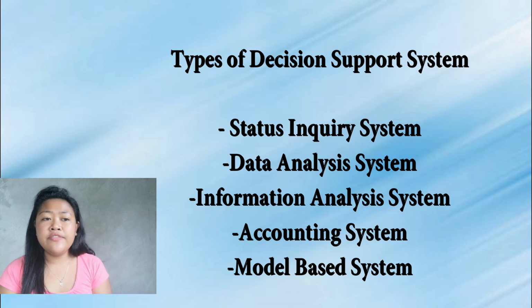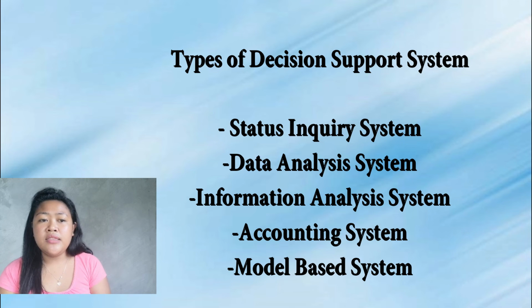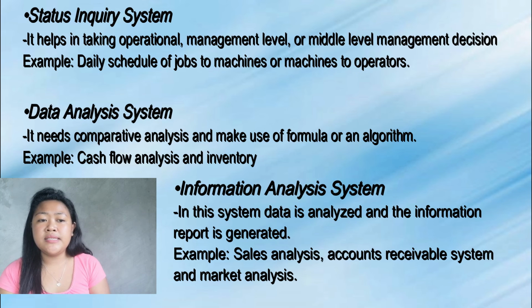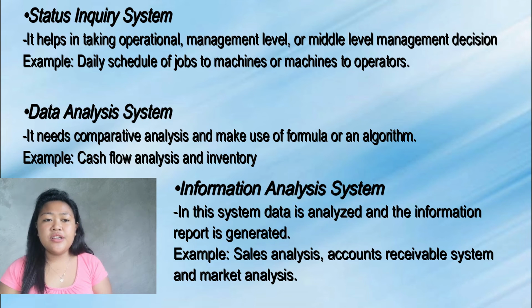There are 5 types of decision support system. The status inquiry system, data analysis system, information analysis system, accounting system, and model-based system. Status inquiry system. It helps in taking operational, management level, or middle level management decisions.